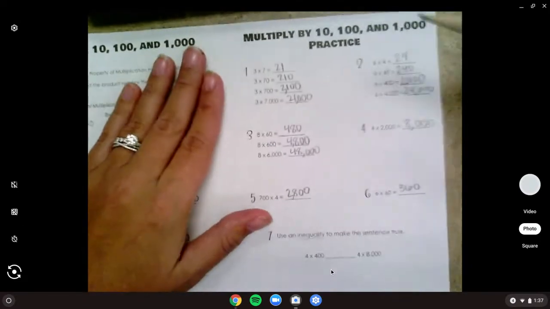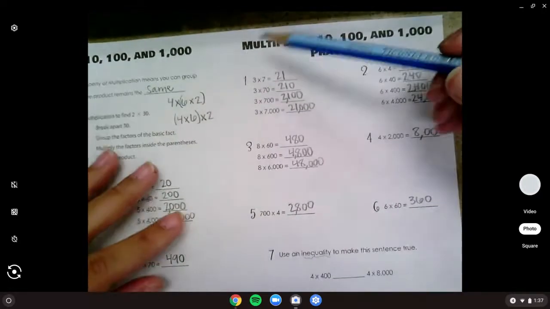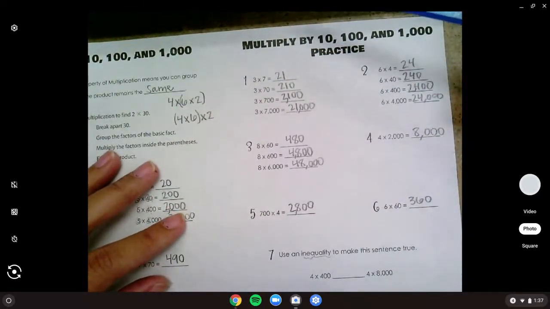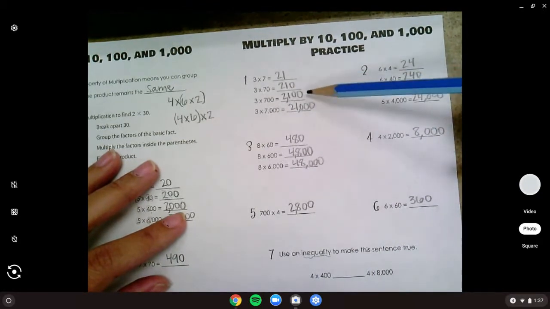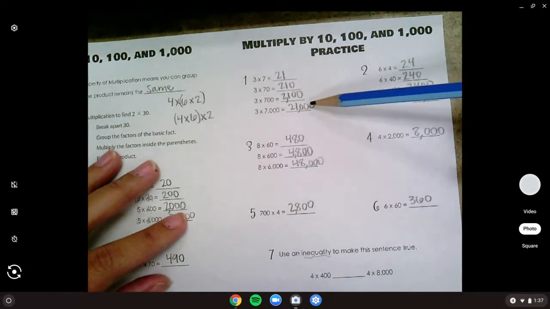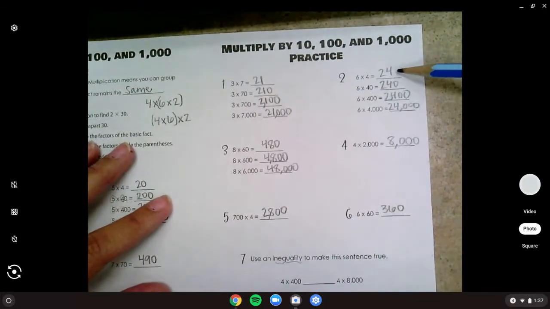All right, let's look over those answers. For number 1, let's zoom in a little more. There we go. 3 times 7 was 21, and you'd use that mini math fact to help you find 210, 2,100, and 21,000. Number 2, your mini math fact equaled 24, so then you'd find 240, 2,400, and 24,000.